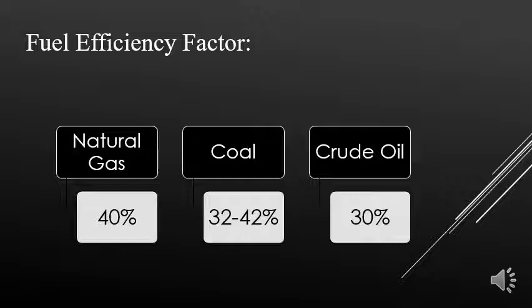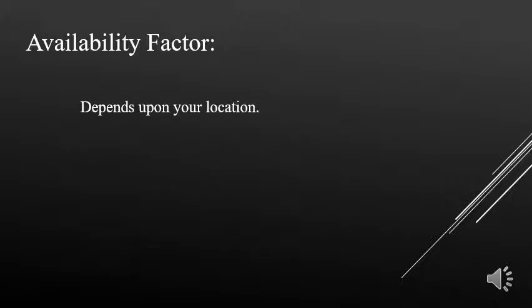The second is coal, and the third is crude oil. The last factor is the availability factor, which is the major factor. It depends on the location of our plant, on which type of fuel we will easily get. So this depends upon our location.